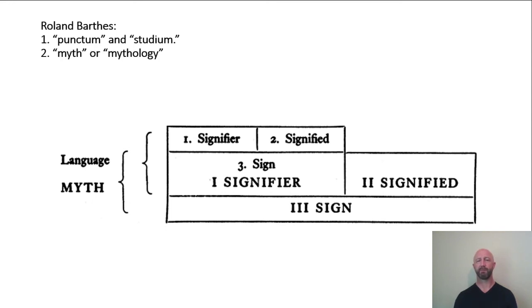So in other words, an apple, the sign apple, can be used to signify something that isn't just the fruit apple, but for instance, in this photograph that I give you here, the idea of sin or temptation.